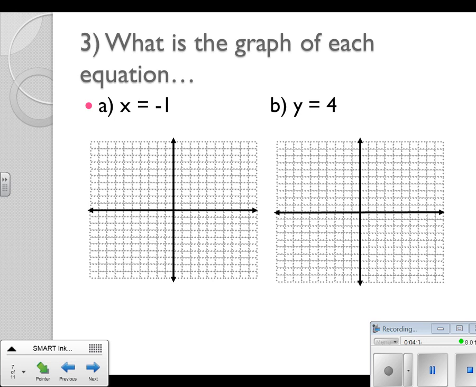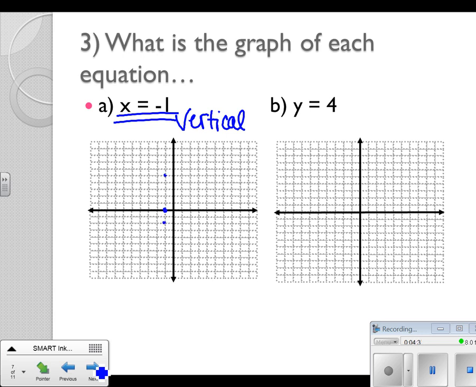What is the graph of these equations? X equals negative 1 and y equals 4. For x equals negative 1, whenever you have x equals some number and you don't have a y, this is a vertical line. These are always going to be vertical if it's x equals. And so if x is negative 1, it would be right here. It could be here.